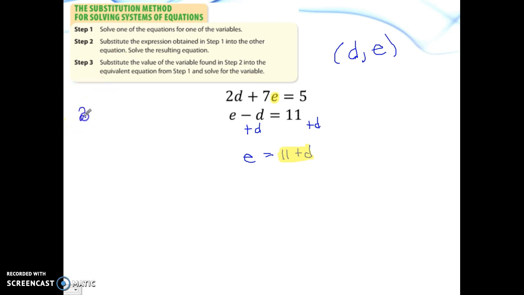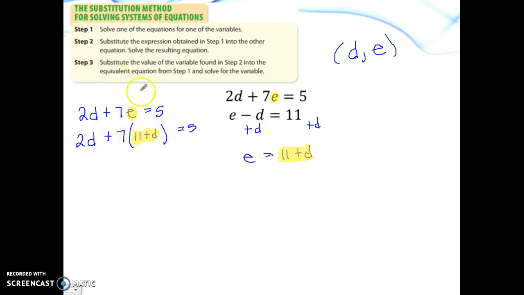So if I take my equation and I substitute in that value for E, I would have 2D plus 7 times 11 plus D equals 5. Now you notice the only thing that changed is instead of E, now I have 11 plus D. I substituted this equation in for the variable I knew in the other one.